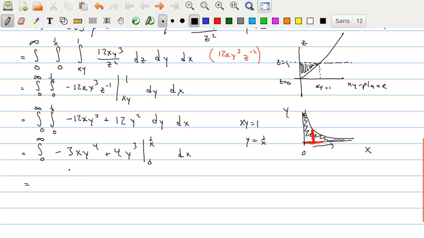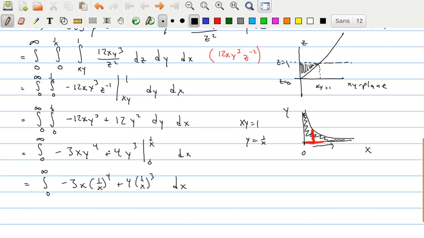Okay, so now our next step is to simplify the inside. So we're going to plug 1 over x in for all those y's. We're going to leave the outer integral as is. This gives us negative 3. Now if we plug this 1 over x in here, let me actually write this out. 1 over x to the 4th plus 4 1 over x to the 3rd dx.